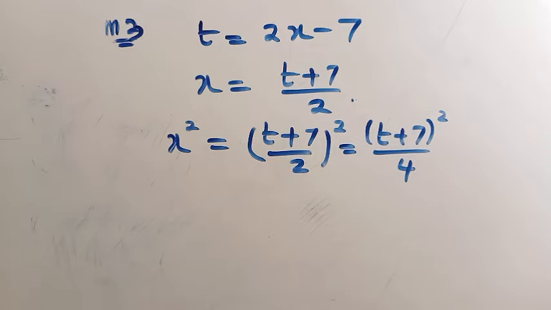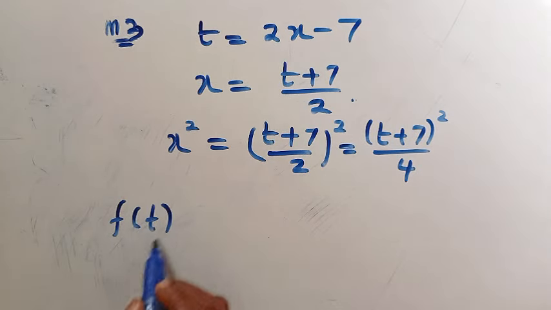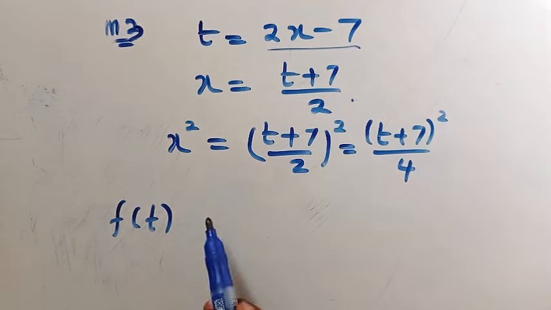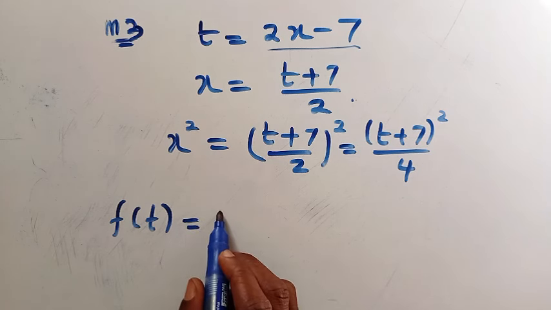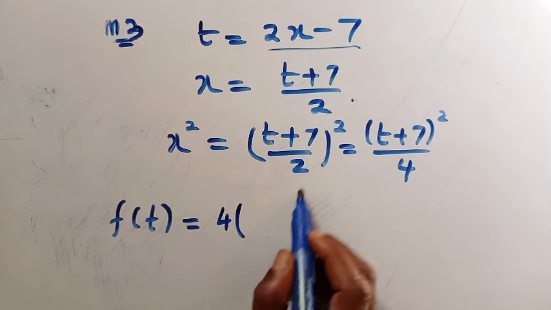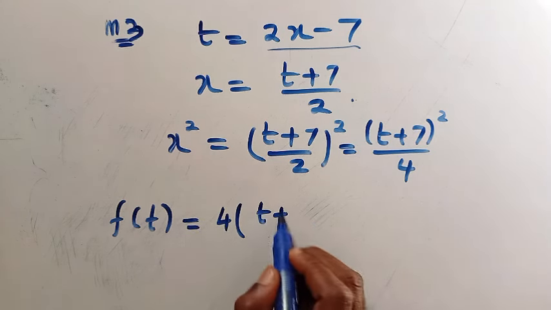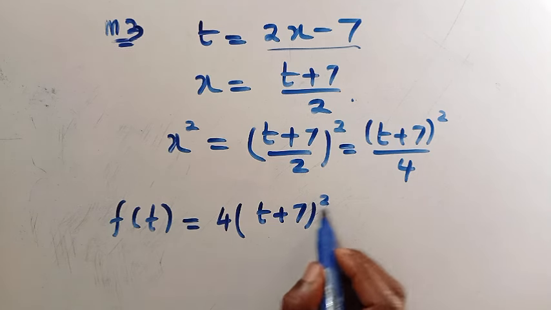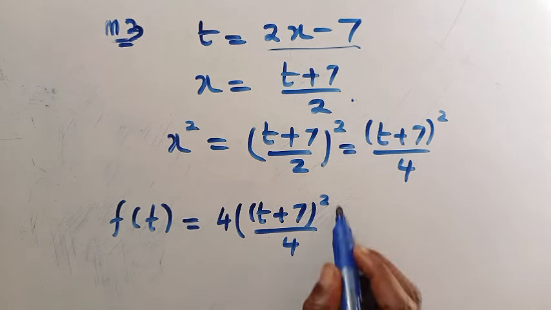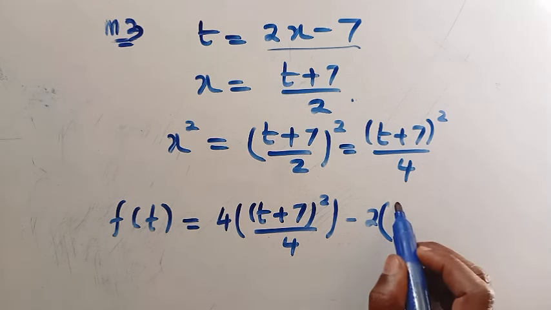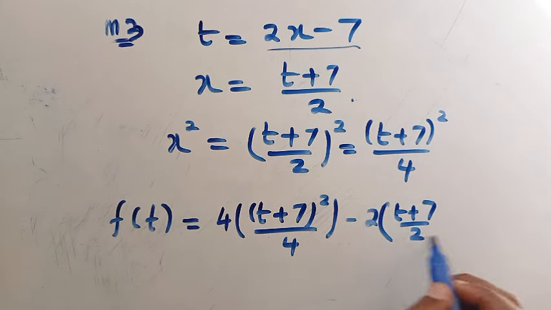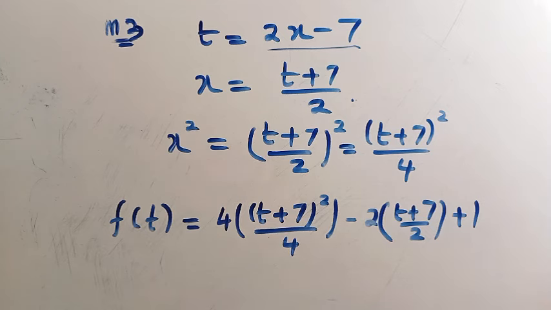Then replacing this, we are going to have f of t, since 2x minus 7 is our g of x and everything equals t. So therefore we have f of t equals 4 into bracket of x squared, which is given as t plus 7 raised to power 2 divided by 4, then minus 2 into bracket of t plus 7 divided by 2, then plus 1.